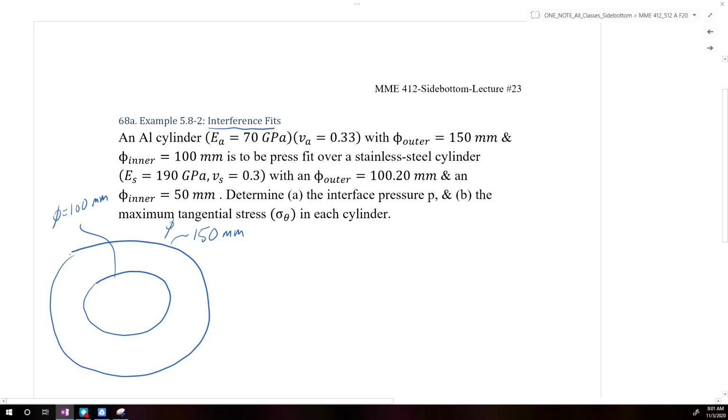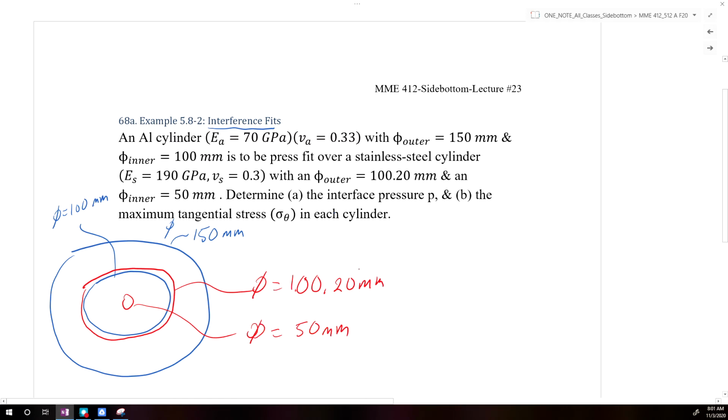Then we have a stainless steel cylinder that has an external diameter of 100.20 millimeters, and it has an inner diameter of 50 millimeters.